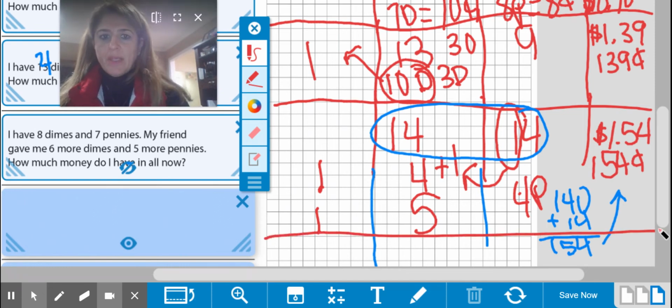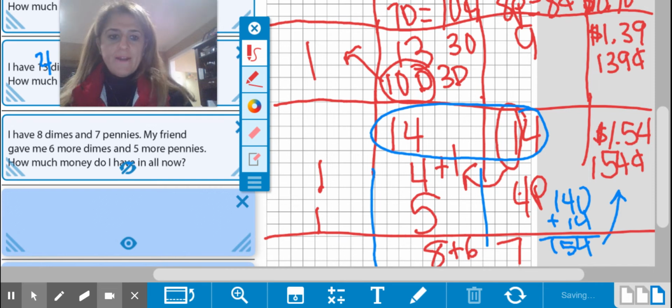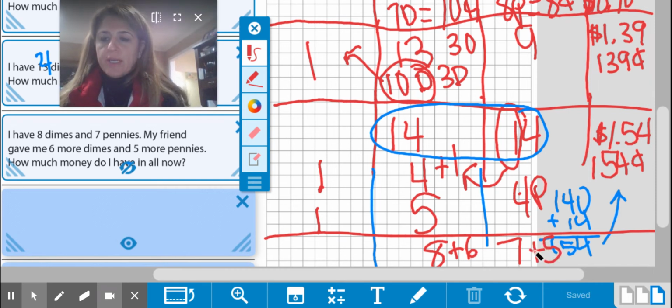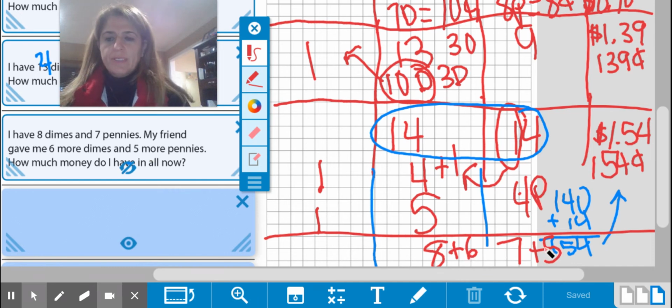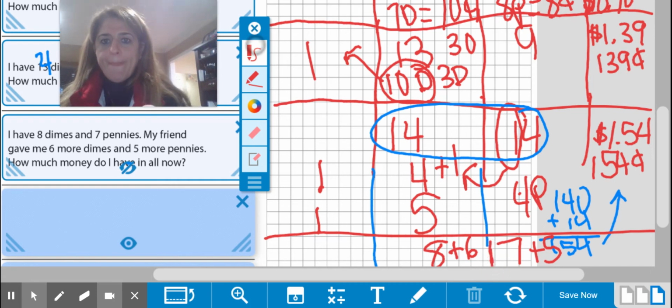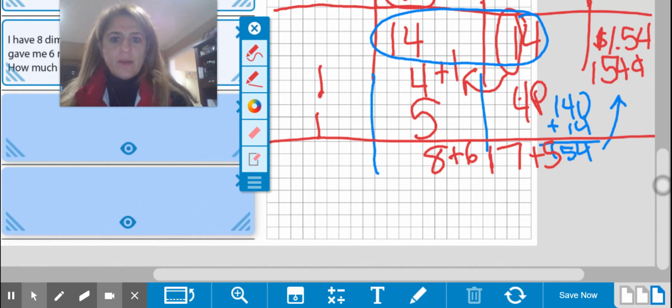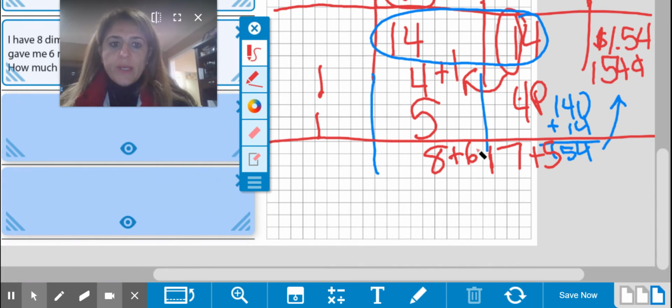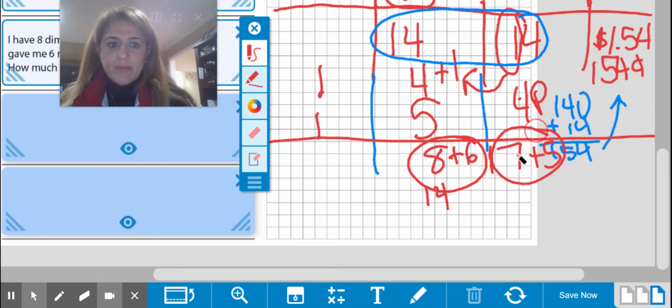Okay, this time we have 8 dimes, 7 pennies. Then the friend gave her 6 more dimes and 5 more pennies. Now we want to know how much in all. Well, we know here 8 plus 6 is 14. 7 plus 5 is 12.